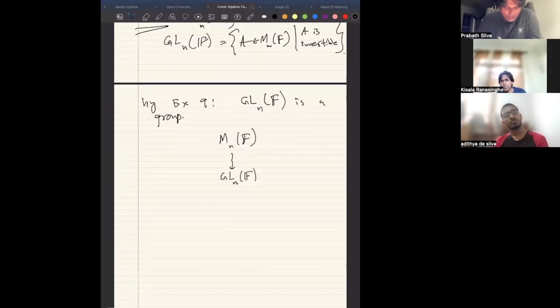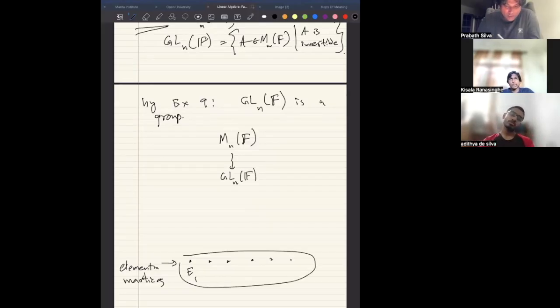And in here you have elementary matrices, like E1 and so on, the various elementary matrices.